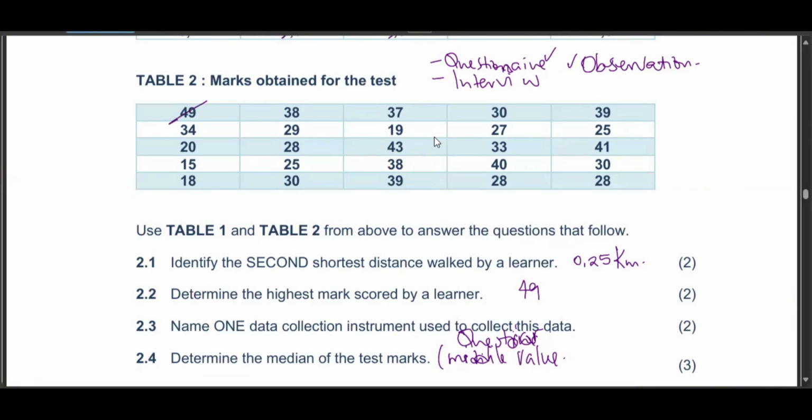So we have 1, 2, 3, 4, 5, 6, 7, 8, 9. So you have 9 out of 25.